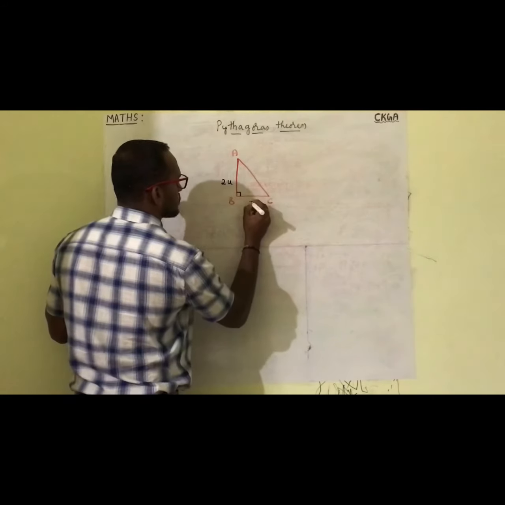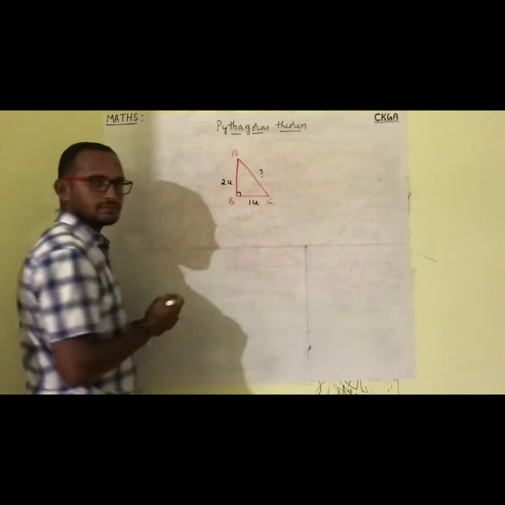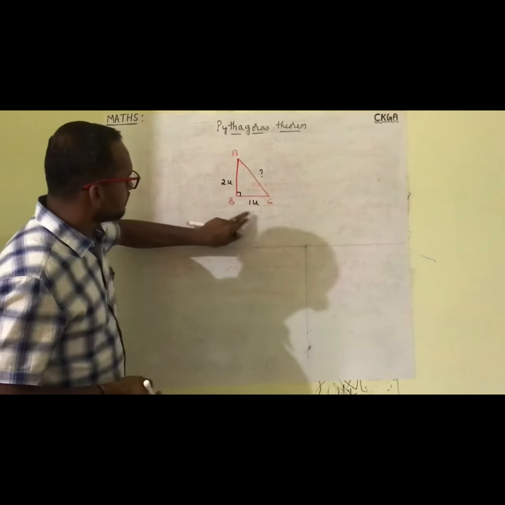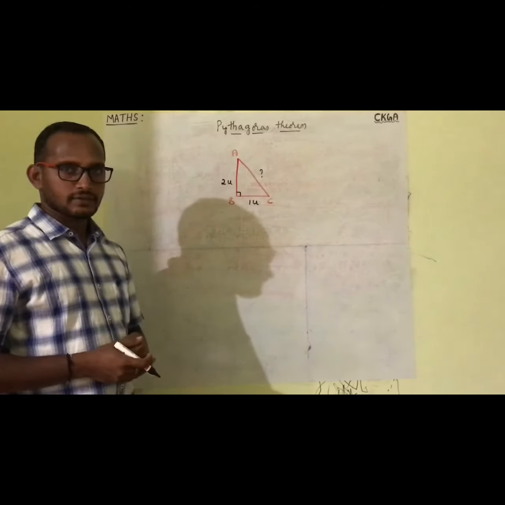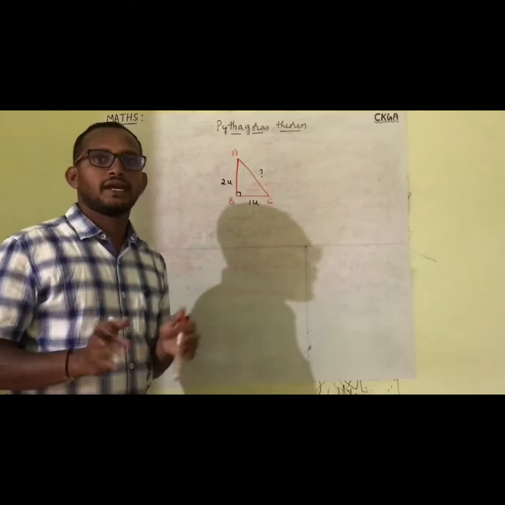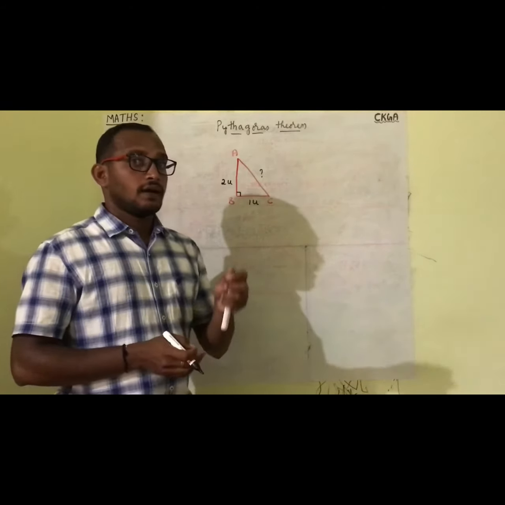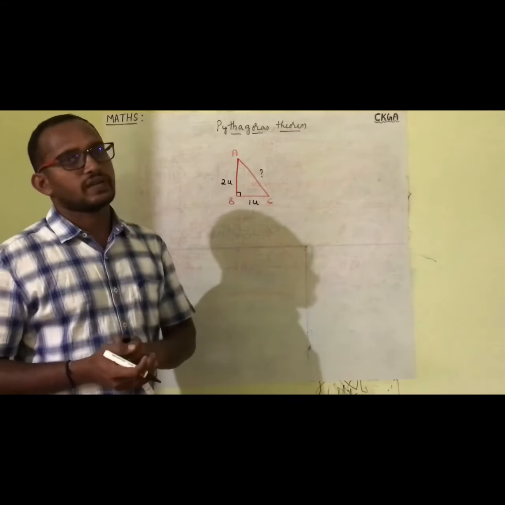The length of BC is equal to 1 unit. What could be the length of AC? I know AB length is 2 units and BC length is 1 unit, so can I calculate the length of AC? Since it's a right angle triangle, you can find the unknown side by using the Pythagoras theorem. That is the main application of the right angle triangle.